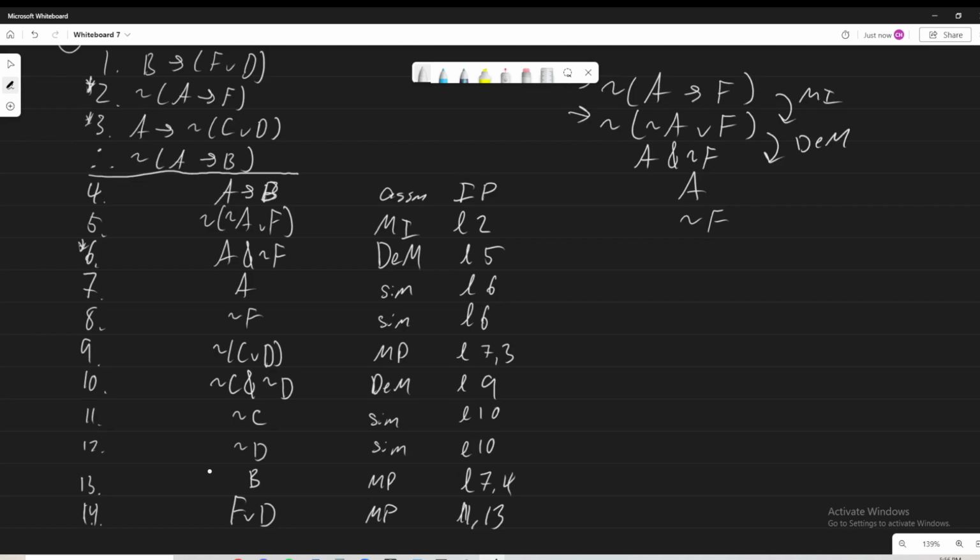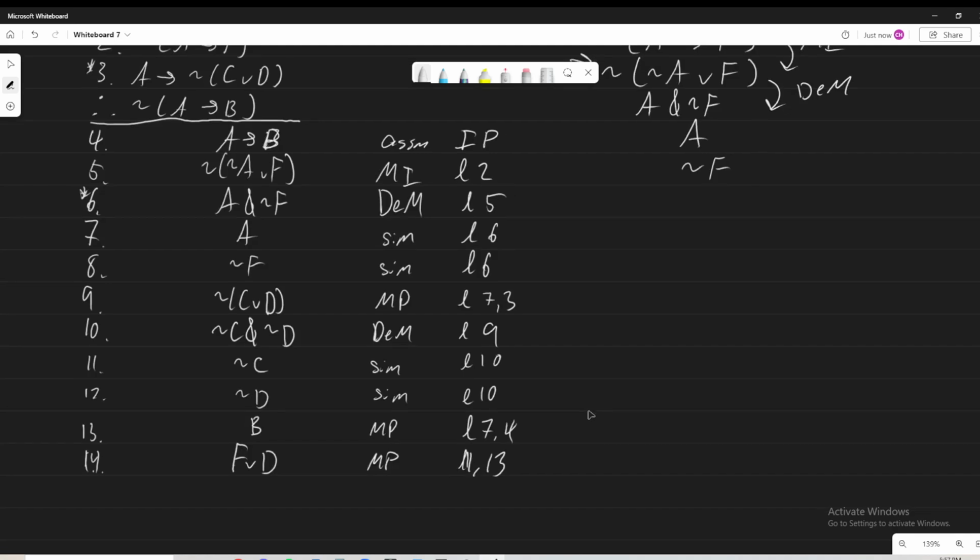But we'll notice in lines 8 and 12, we have not F and not D, respectively. So we can use disjunctive syllogism here with either not F or not D, and we're going to end up with a term in our contradictory pair. Doesn't matter which. Here I'll just pick the closest one, which is the not D in line 12. So taking line 14 with line 12, we can deduce F using disjunctive syllogism.